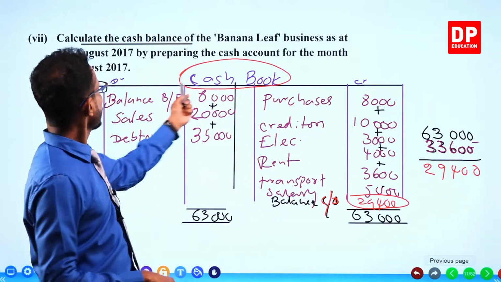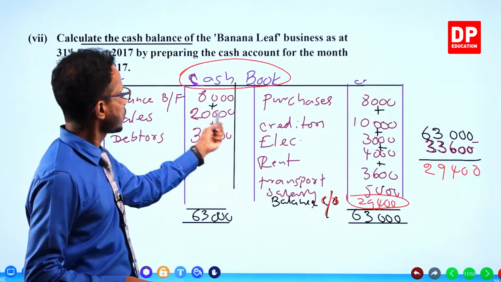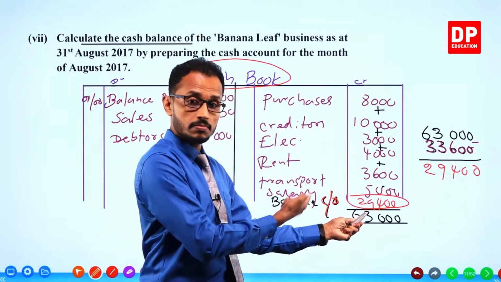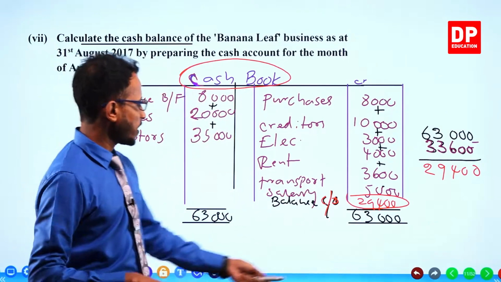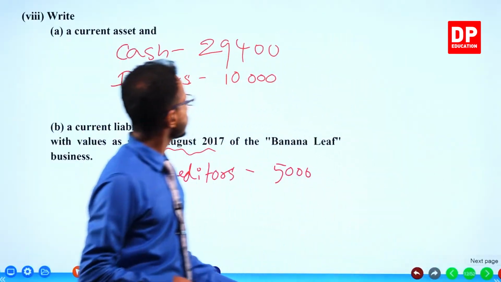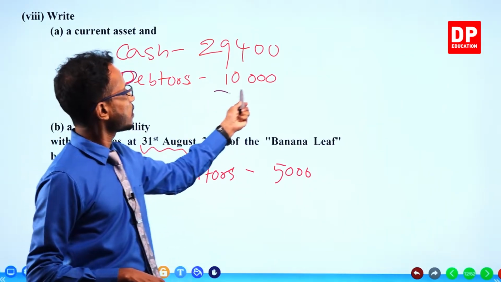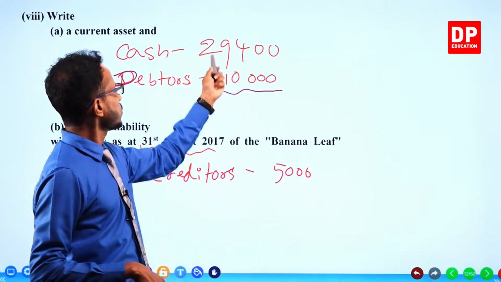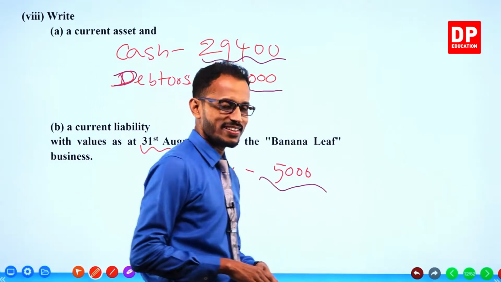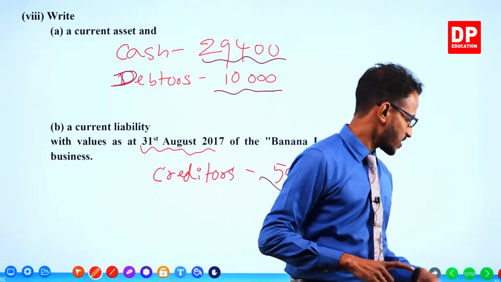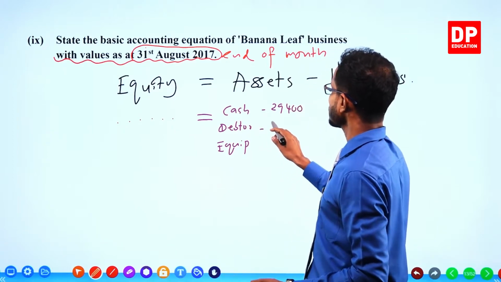Cash balance at the end of the month 29,400. Then we calculated debtors, 10,000. Creditors also we calculated. So we have the figures at hand. Cash 29,400, debtors 10,000.